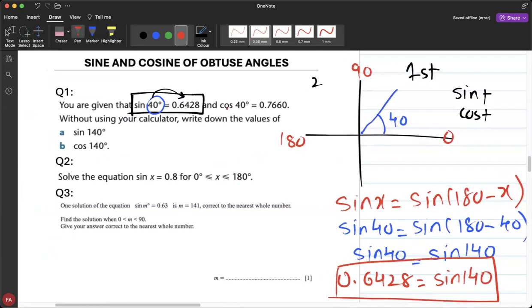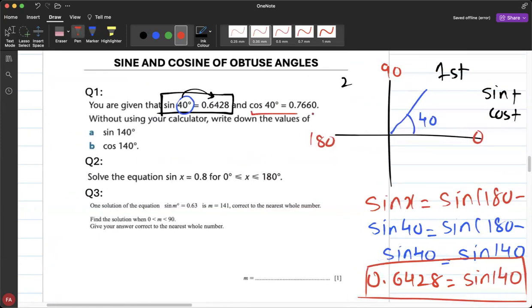In a very similar instance, we can say the second part of the question says cos 40. I did mention this earlier as well, that if you were to use that identity, which is cos x equals minus cos 180 minus x, what does that mean? I said if cos value is positive in the first quadrant, we do know that this lies in the first quadrant, 0.7660.